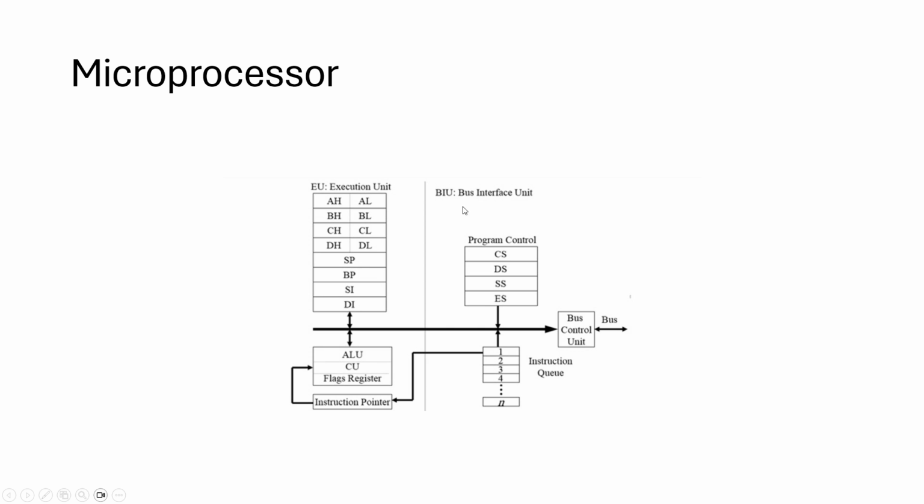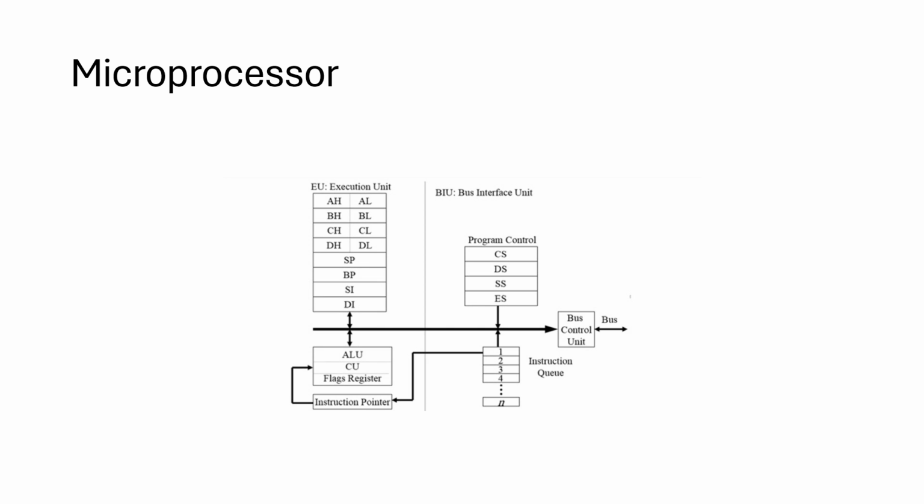The most important function of the bus interface unit is to manage the bus control unit, segment registers, and instruction queue. The bus control unit controls the buses that transfer the data to the execution unit, as well as to the memory and to input output devices, whereas the segment registers control memory addressing.